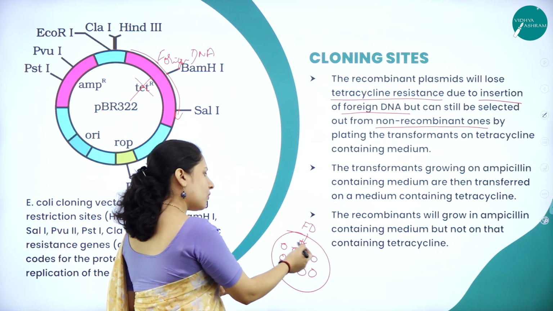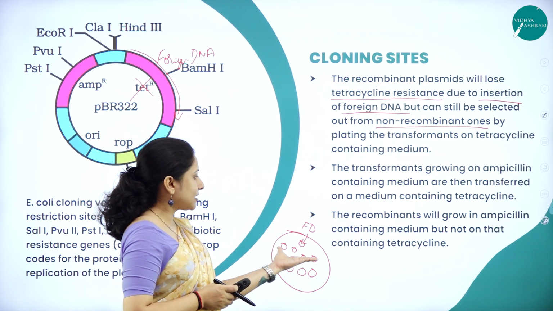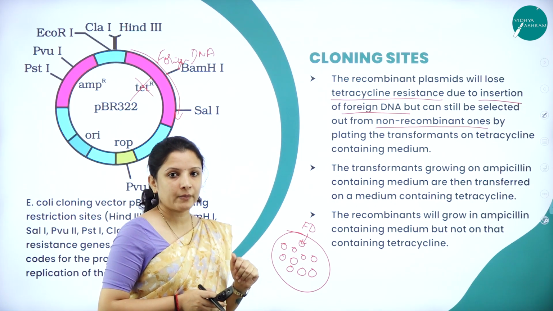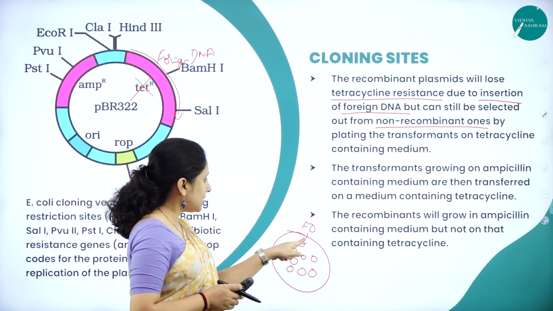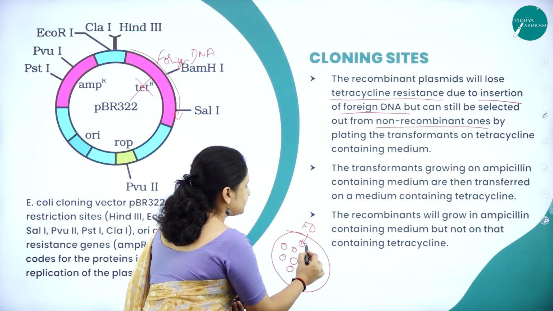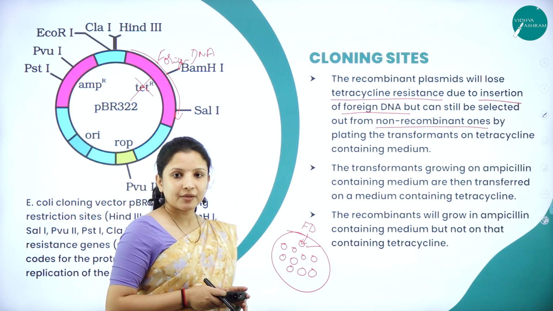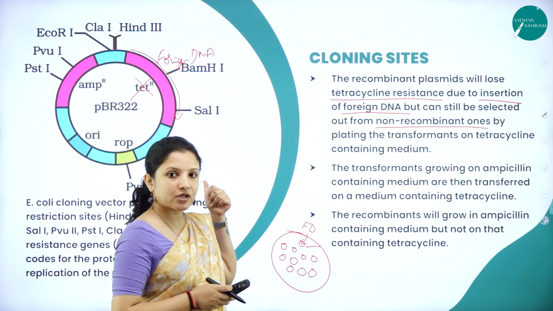Do you think that all the bacterial cells will have the foreign DNA? No. Those bacterial cells which do not have the foreign DNA, which are called non-transformants, should be removed here. For that, the plasmid should have an antibiotic resistance region, right? Which antibiotic resistance region was there?